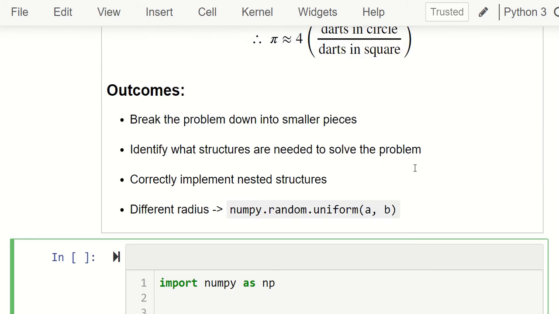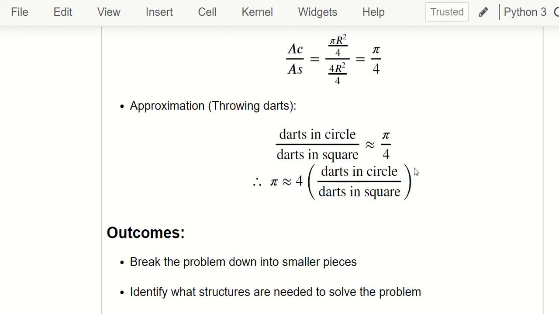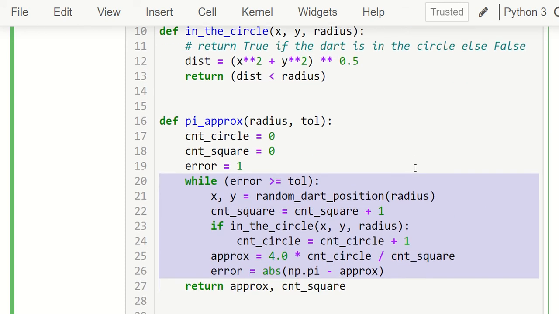The reason is that any dart that's inside the circle is also inside the square. So all throws need to be added to the number of throws inside the square. That's why, immediately after I've thrown the dart, I can increment the number of darts inside the square. But that's not true for the circle.